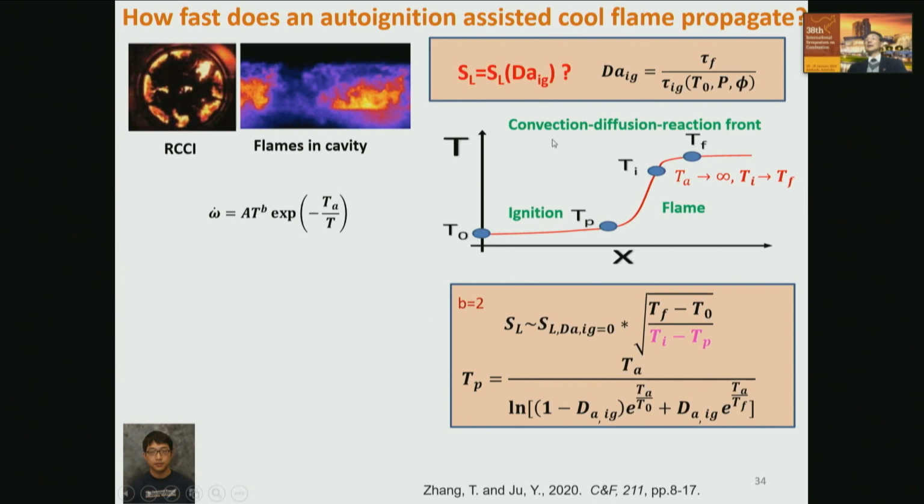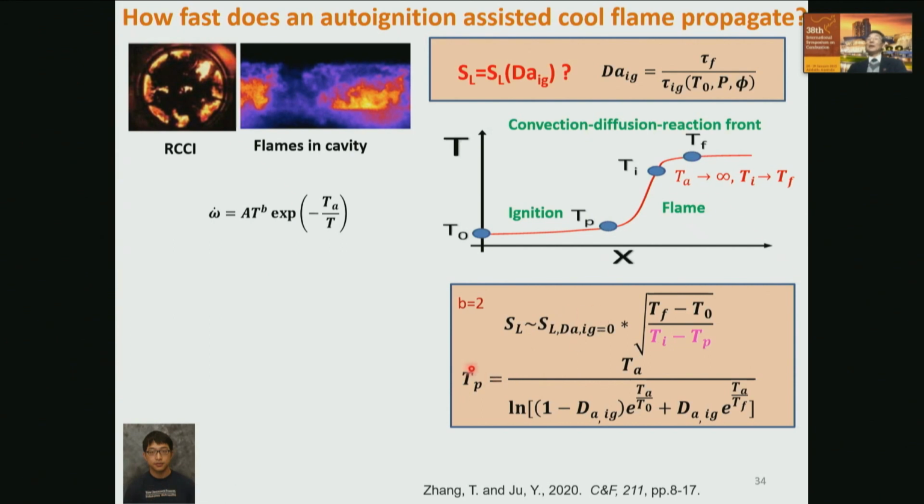If you treat this as a convection-diffusion-reaction front and do an asymptotic analysis, you will find that the flame speed is the classical flame speed we measure, with the Damköhler number equal to 0, normalized by a ratio. Here you can see the auto-ignition temperature minus T_P is the ignition-assisted temperature rise. If T_P here is equal to the auto-ignition temperature, then the flame speed becomes infinite.